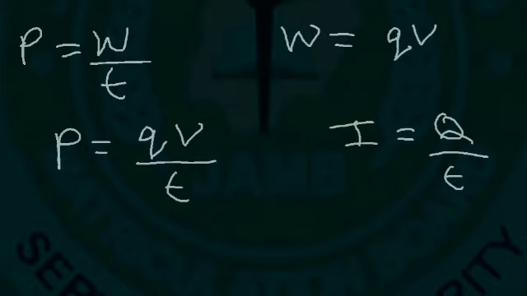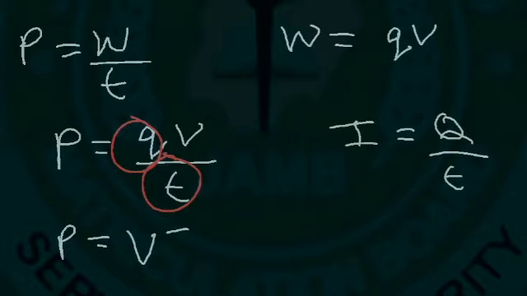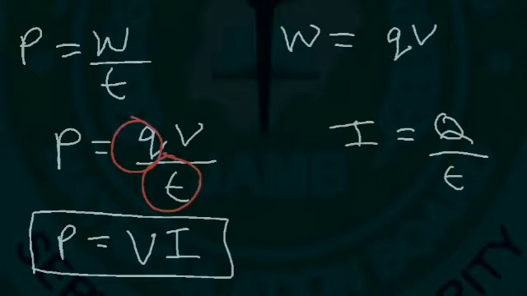Typically, I normally use capital Q to represent total charge, whereas lowercase q might be the charge of a particle. Charge divided by time is the current. So power is equal to voltage times current. This is one equation that you want to keep in mind.